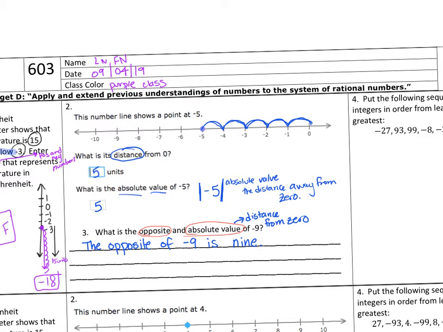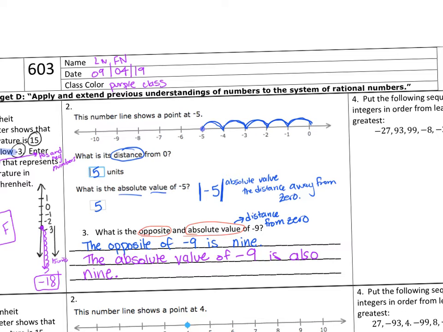So it doesn't have positive or negative value. It's just a distance. So the absolute value of -9 is also 9. So let's go ahead and write that. The absolute value of -9 is also 9.